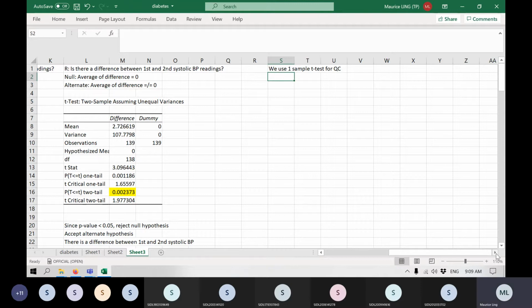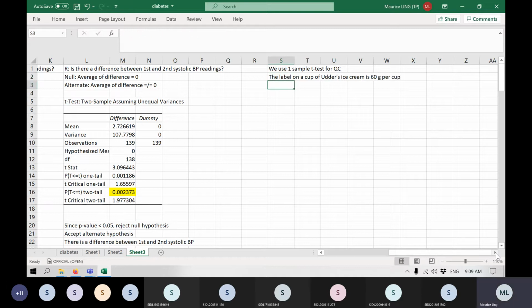For example, let's say you are working in a production line, and the label on a cup of ice cream says that it's 60 grams per cup.